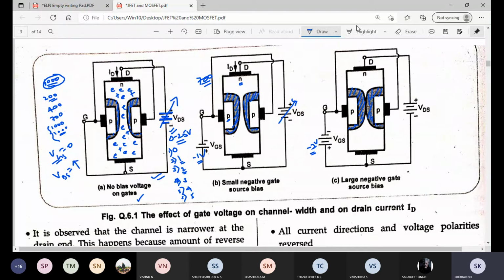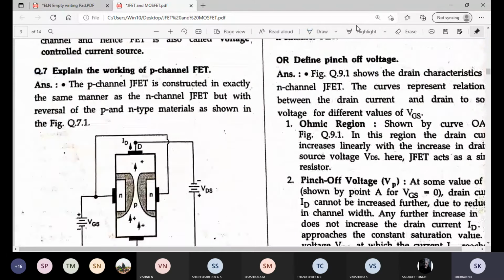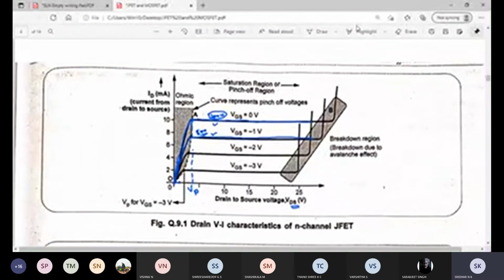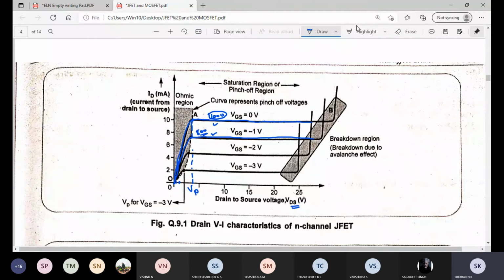So what happens to the channel again? The channel size decreases more. So what happens to the number of electrons? Again the number of electrons will decrease. If you see the graph, as you increase VDS the current slowly increases, but the number of electrons is reduced from 800 to, say for example, 400 because of the reduced channel size.